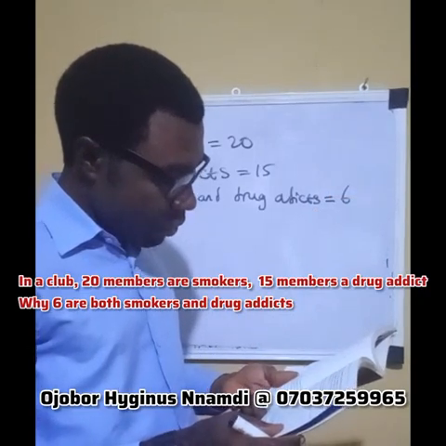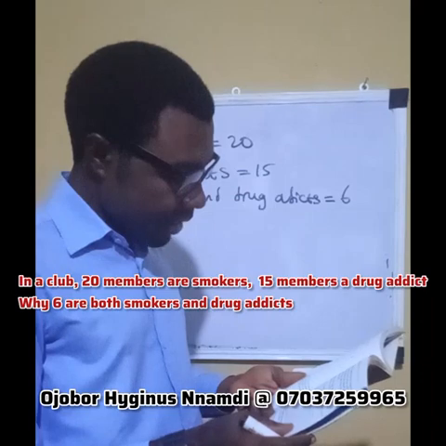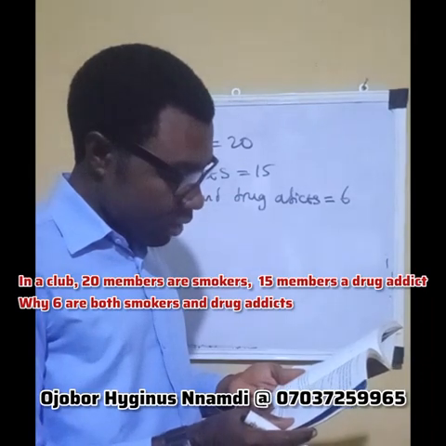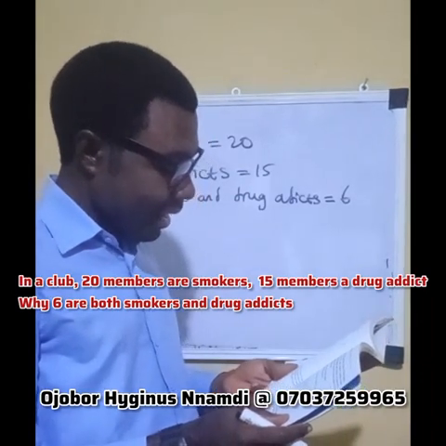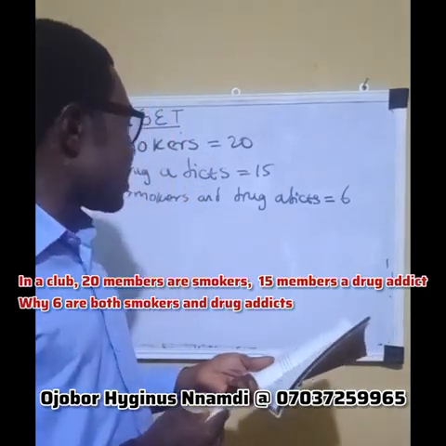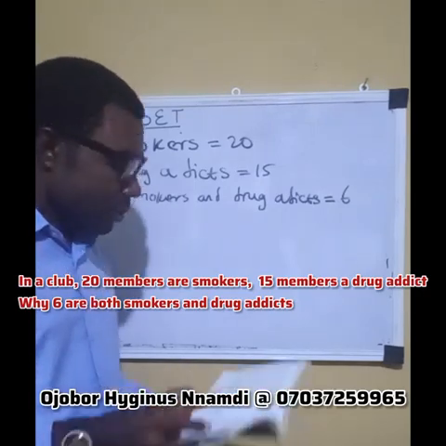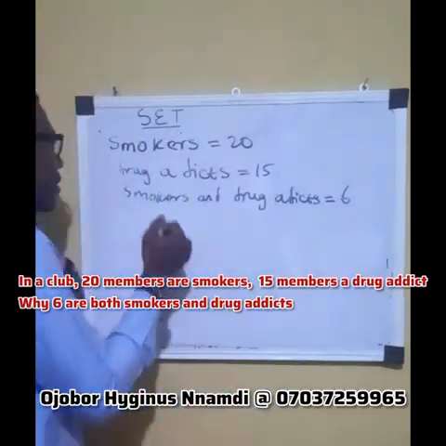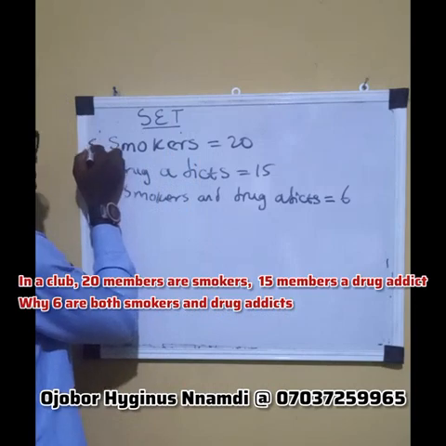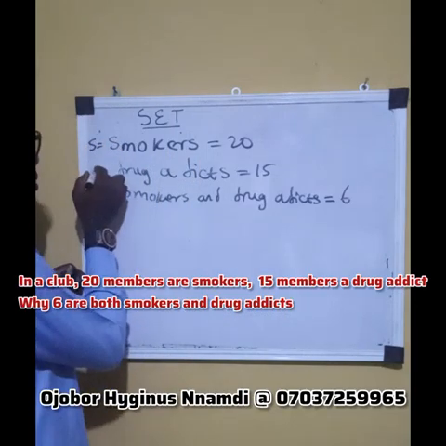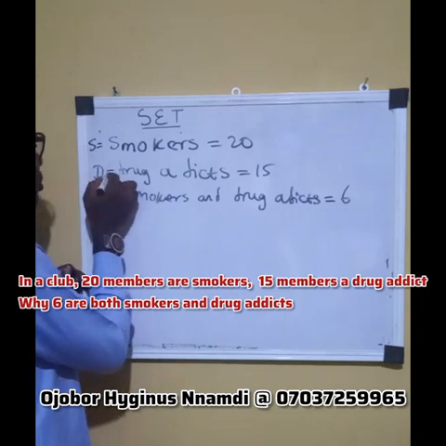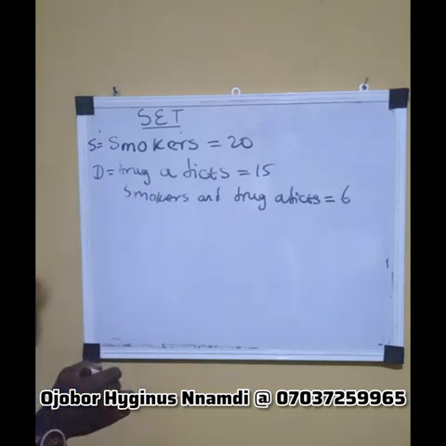Represent this information on a Venn diagram and find the total number of members of the club, given that all members participate in at least one activity. Okay, let's use the letter S to represent smokers, and D to stand for drug addicts.